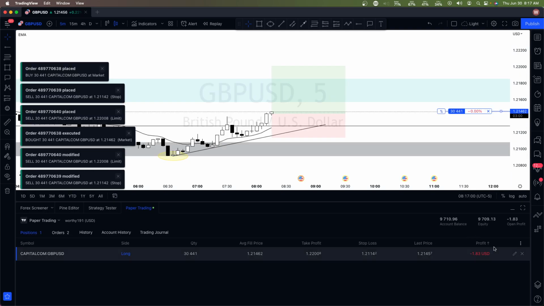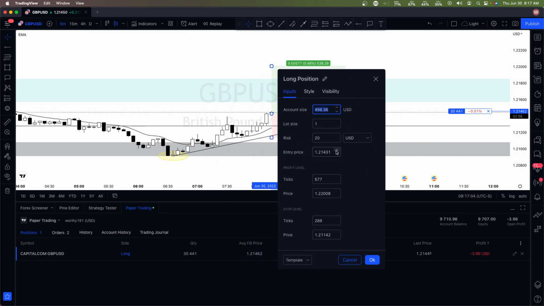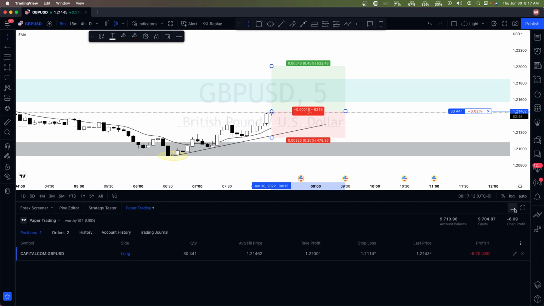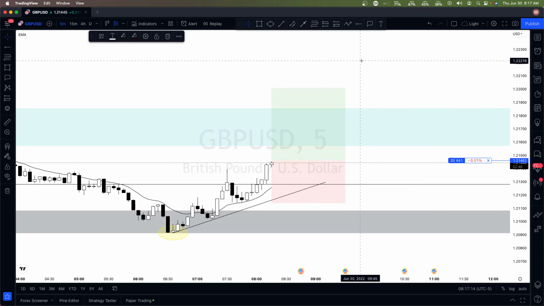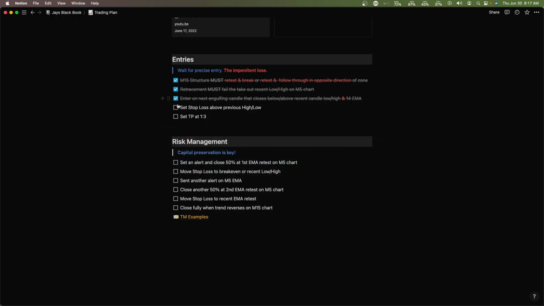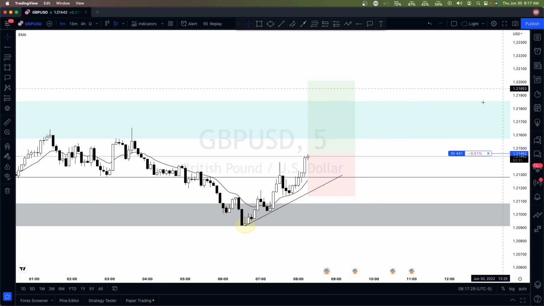Let me go and add and change this input. Doing 462. All right. Just went off our rules. My bias was sell, but my bias did change. So I'm gonna set that there.